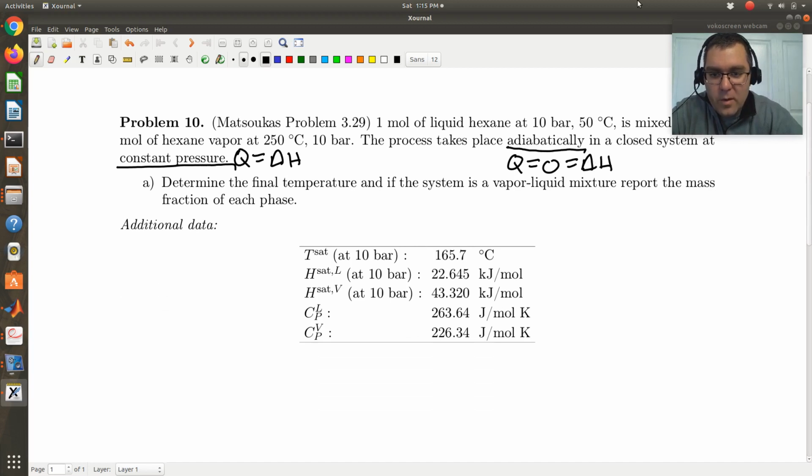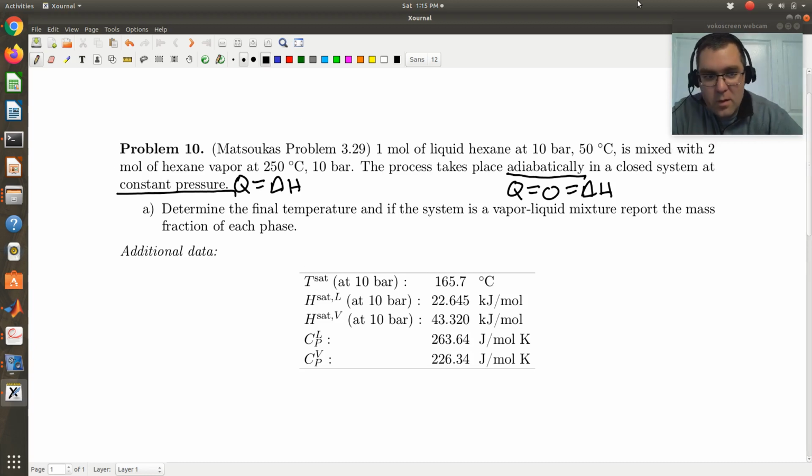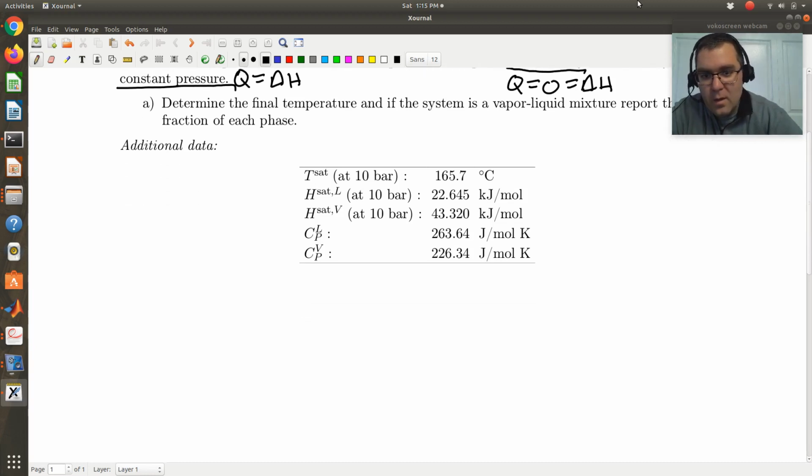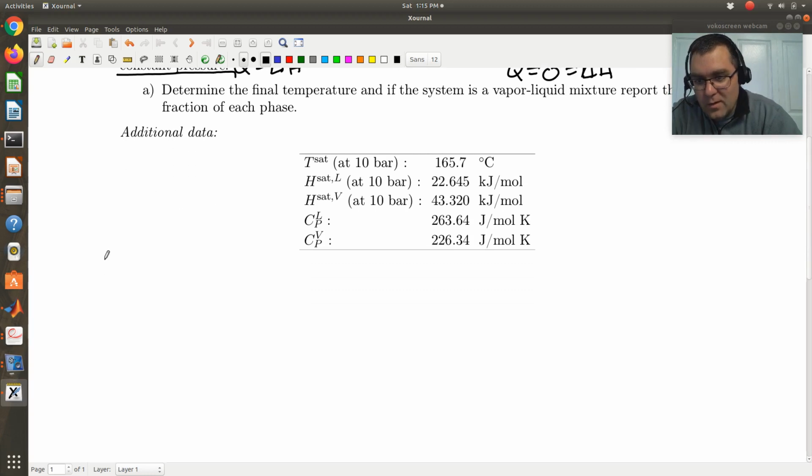All right, and so we're asked to determine the final temperature and, if the system's a vapor-liquid mixture, report the masses. So let's do it. Let me start by characterizing my liquid. This is going to be my liquid in the initial state 1.